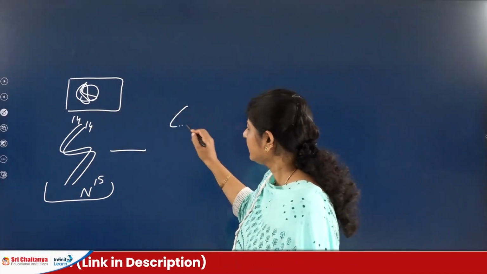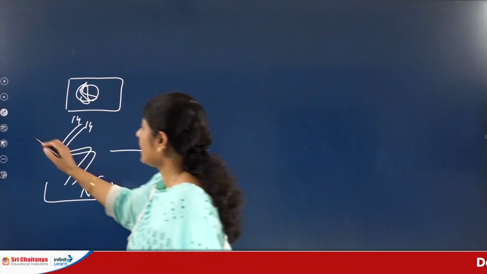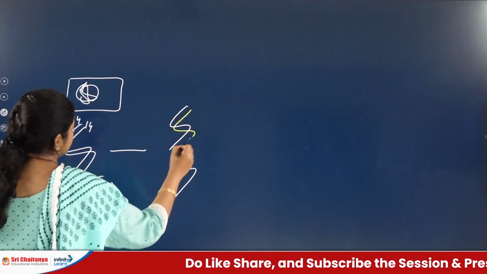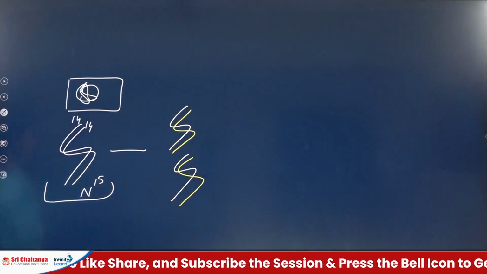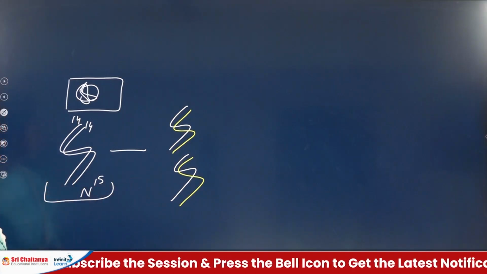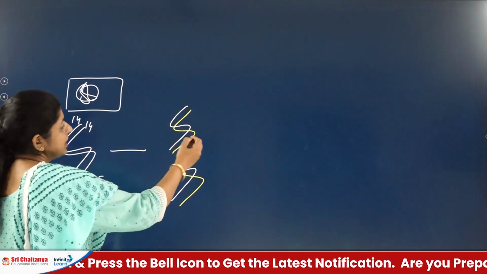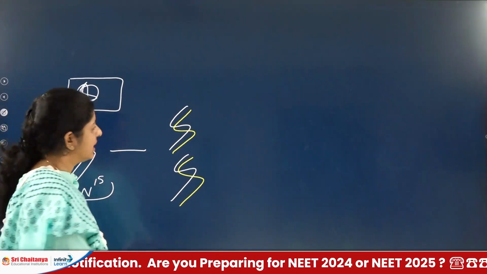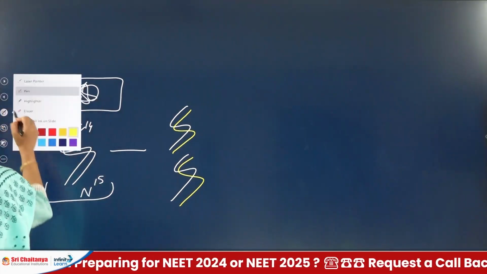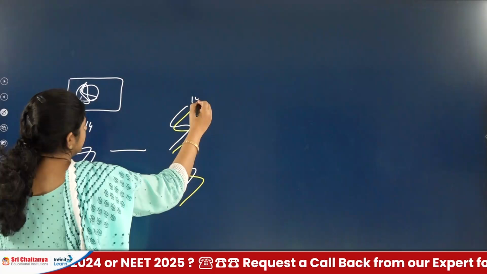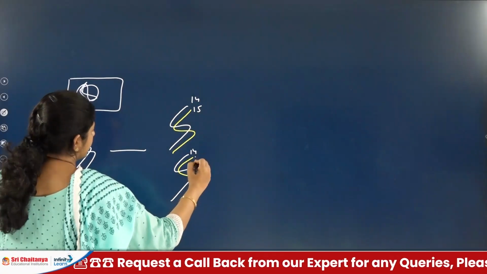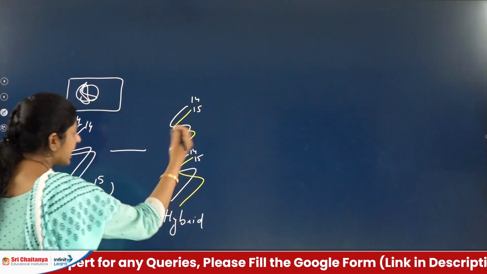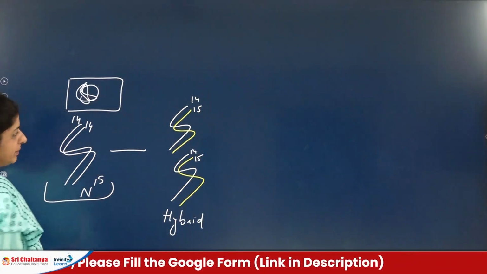So can I say this will separate and the new replica is going to be formed, and it will be N15 and N15, because in the medium where you are replicating, the new replica will receive the nitrogen from that medium. Can I say it is going to be N14 and N15, N14 and N15? You can call it a hybrid. Now again put that into N15 only.